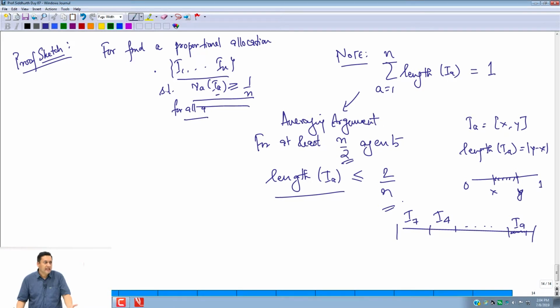Say this is not the case. There are more than n by 2 agents who receive an interval of length more than 2 by n. I assume the opposite towards a contradiction.